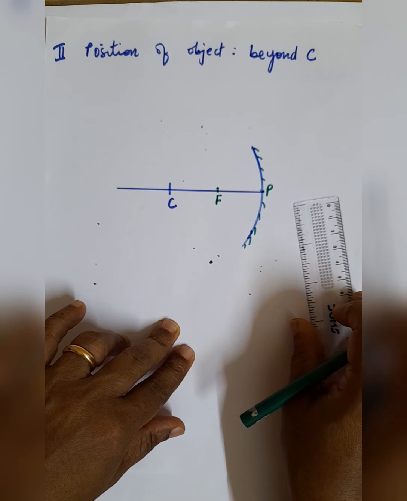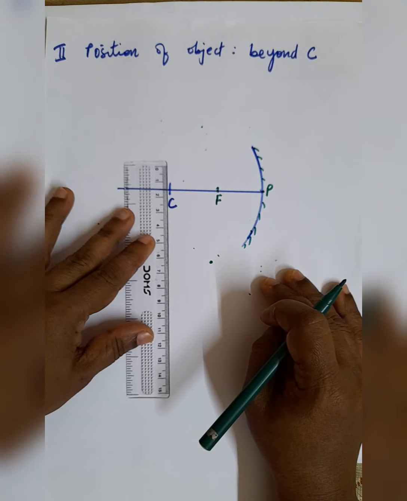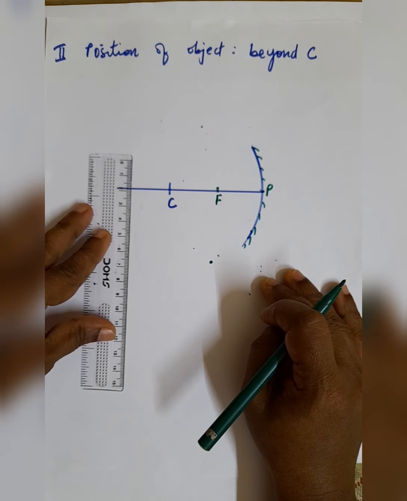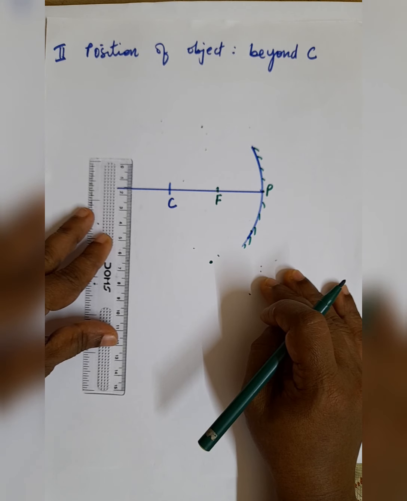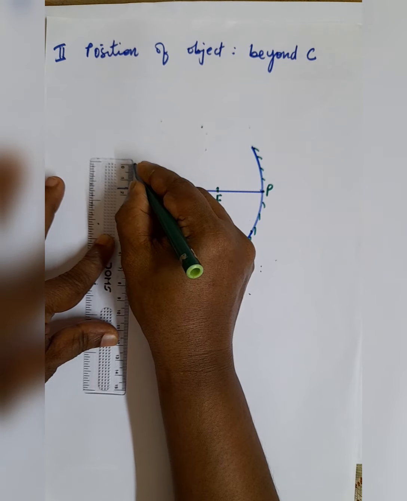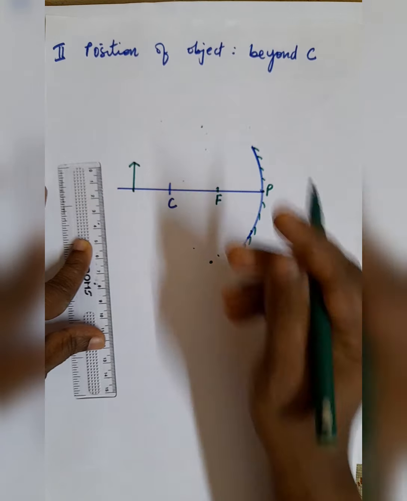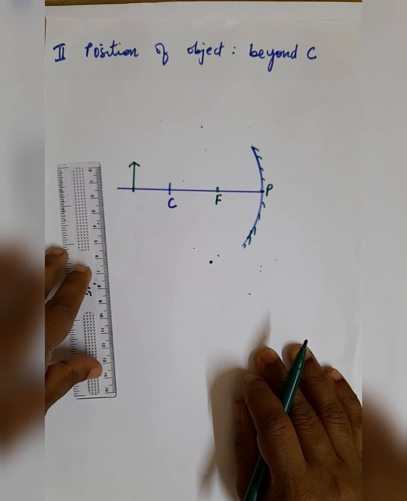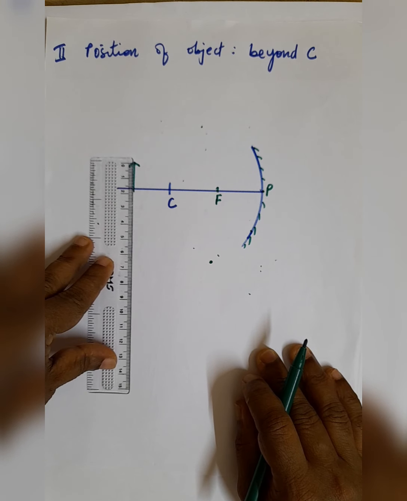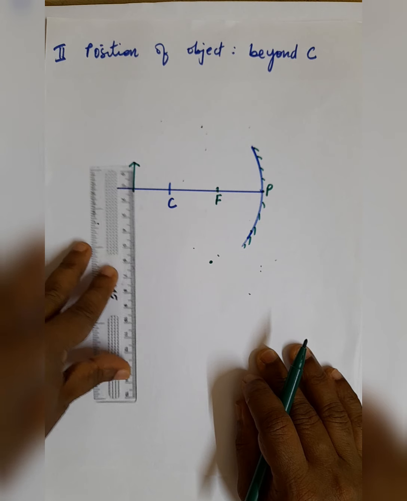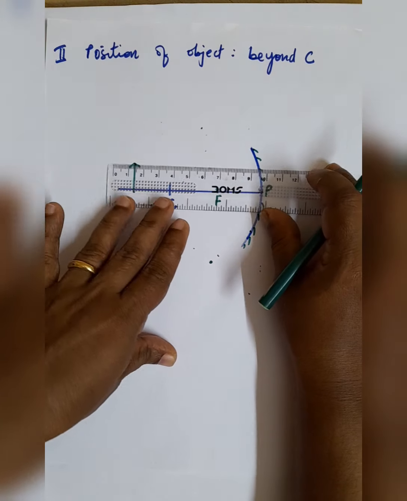Now the object is beyond C. This is C here. I place it behind. Beyond means further than C. Don't take the object too big, don't take it too small also. So roughly I take 1.5 centimeters as the object.